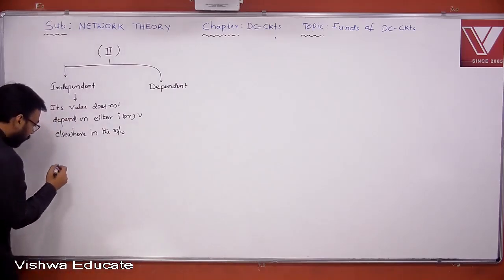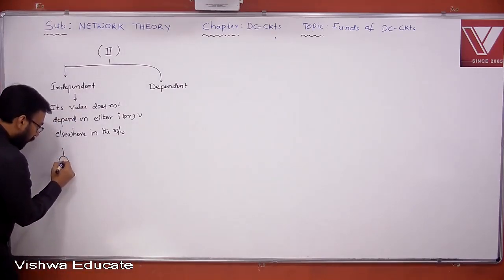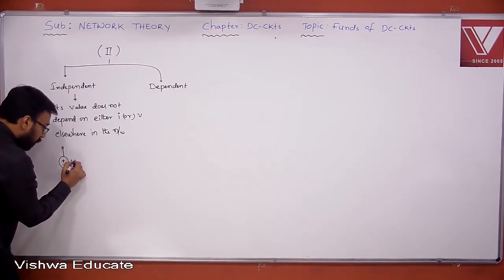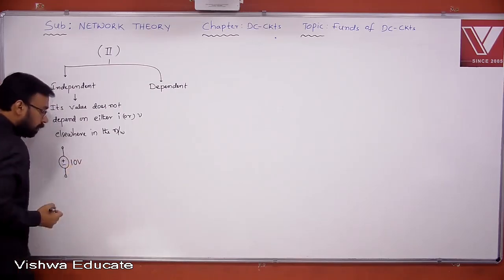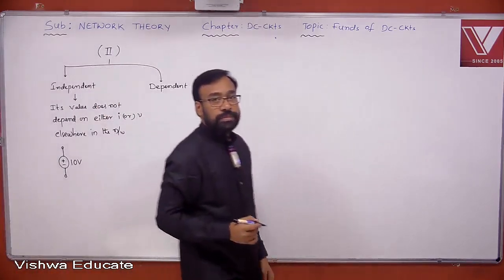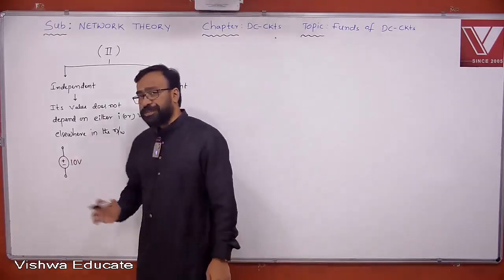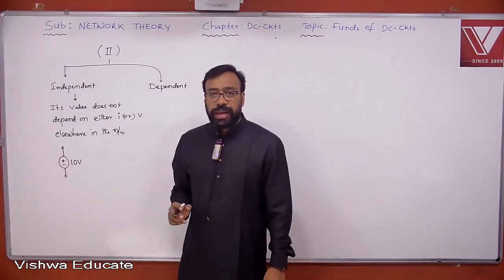Now let me take an independent voltage source here. Suppose, for example, it is a 10 volt source. Okay. Look at this. 10 volts means 10 volts. That's it. Okay.